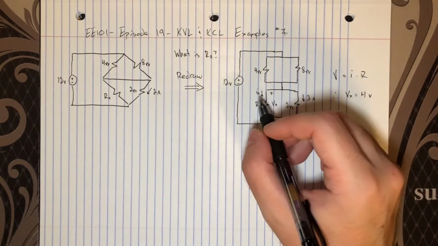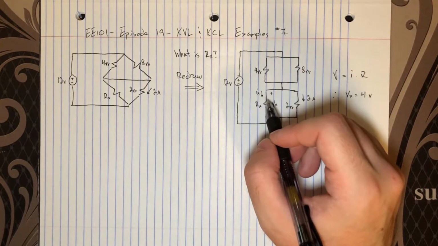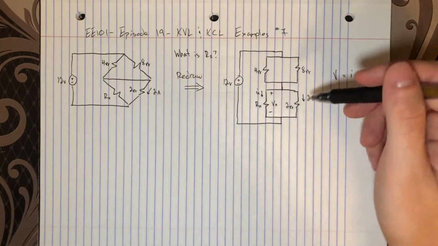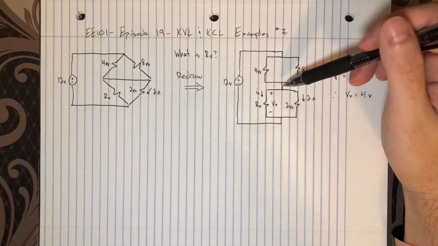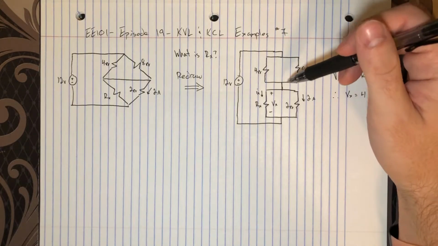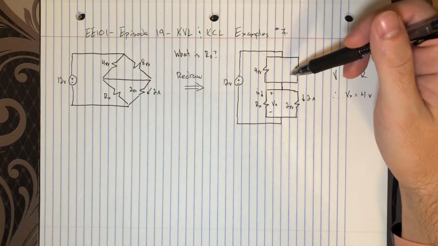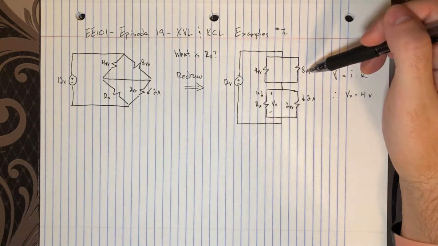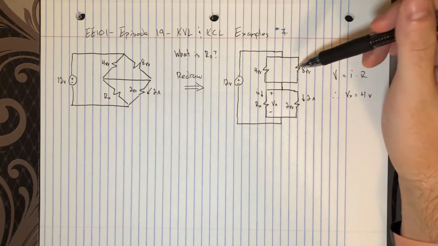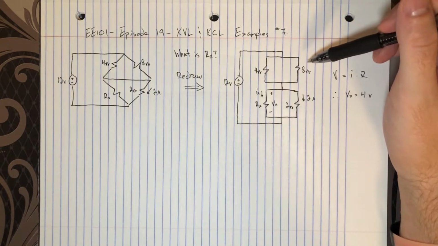So naturally, we want Ix, and so naturally, we'll probably want to apply a KCL at one or more of these nodes. The problem being at this node, for example, we only have one of the currents when there should be 4, because there's 4 elements touching this node here. So we don't know the current through the 4 ohm and the 8 ohm. Well, how can we get those? Given that we know their resistances, if we knew their voltages, then we would have their currents.